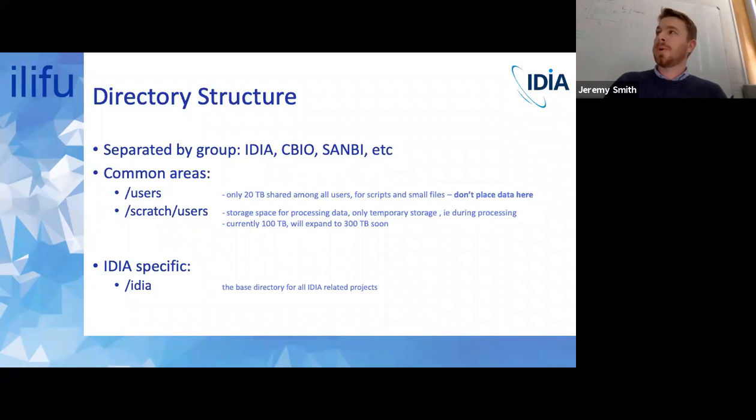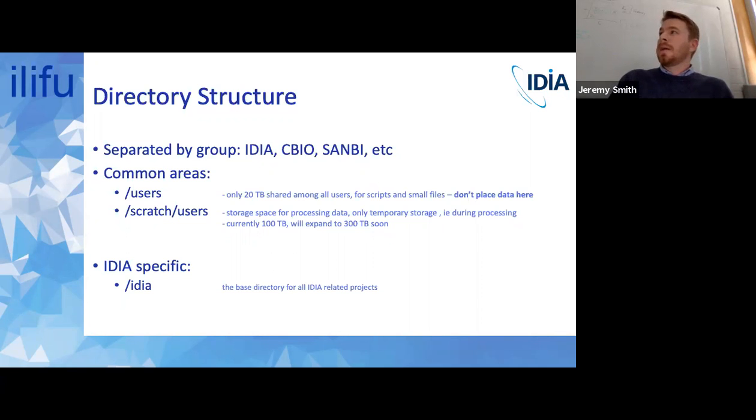Once you have finished processing, we request that users please remove data from Scratch. The Scratch mount is only 100 terabytes at the moment. It should be expanded soon to 300 terabytes. But currently, we request that users remove their data because other users are going to need to place data in the Scratch mount in order to do their processing.